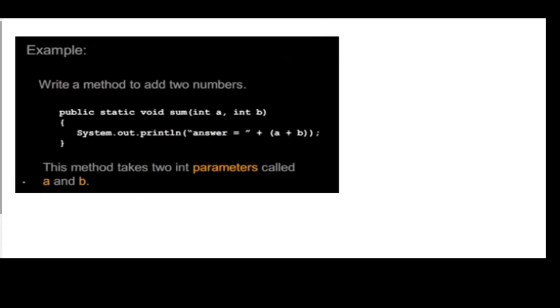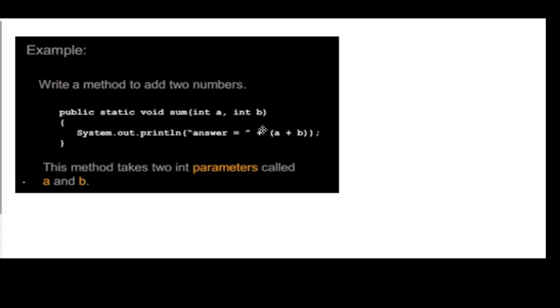So let's take a look at an example here. This is a method. We talked about declaring them yesterday. It is static, which means you don't need to construct an object for it. It lives within the main class more than likely, or within a class. And you would call it just using the word sum. Int a and int b are the parameters.